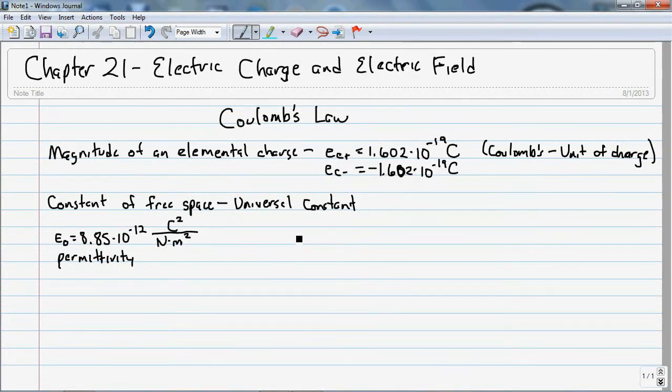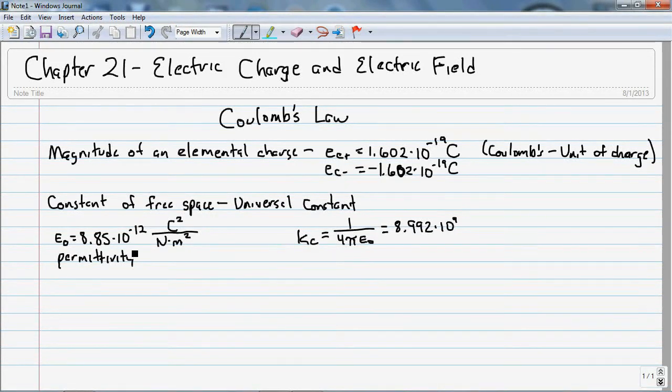Now, many times we're going to be using a relationship based on permittivity, and we call that k of charge. We're using k again, so k with a subscript c, and that's 1 over 4 pi epsilon naught, and that's equal to 8.992 times 10 to the 9th.